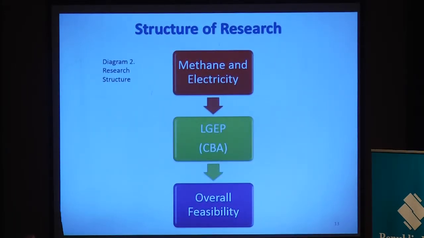The research structure is as follows. First, we'll estimate the methane emissions from the three major landfills in Trinidad and Tobago and calculate the amount of electricity that can be generated. Then execute the cost and benefit analysis and make an overall conclusion in terms of feasibility of the project.